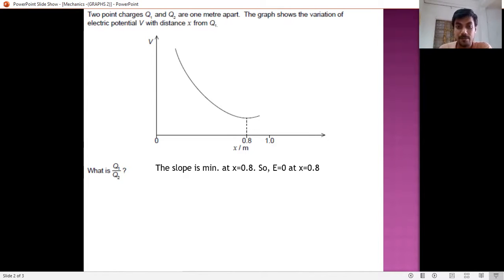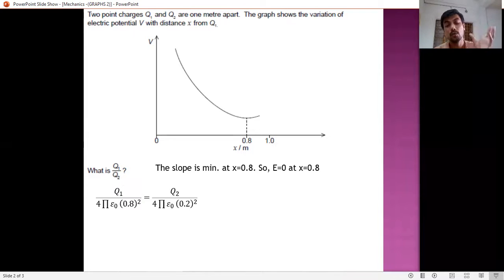This is the realization that we have got, and let's go to the electric field expression. Since it's 0, the electric field due to the 2 separate charges are balancing each other out, which is why I've written that they are equal. Since the distance of separation is 1 meter, if it's 0.8 from one of the charges, it has to be 0.2 from the other.